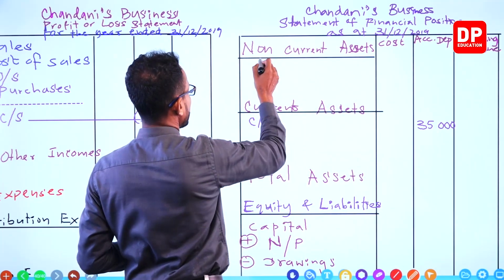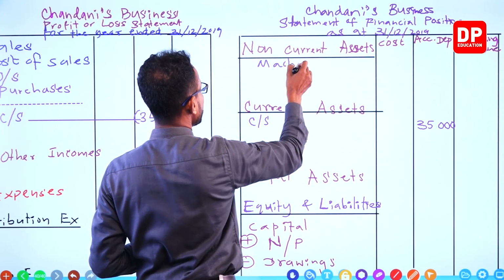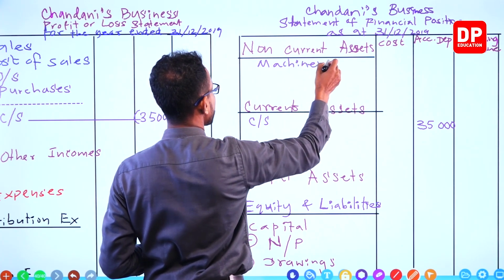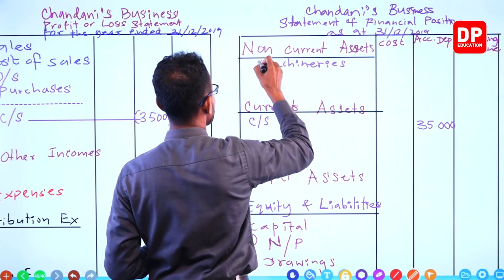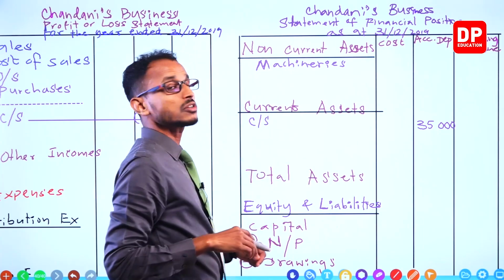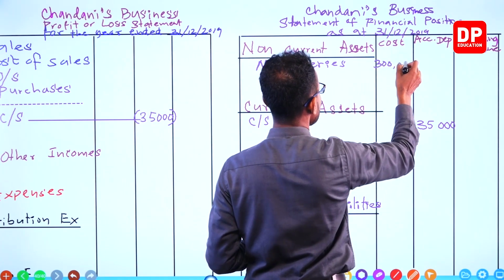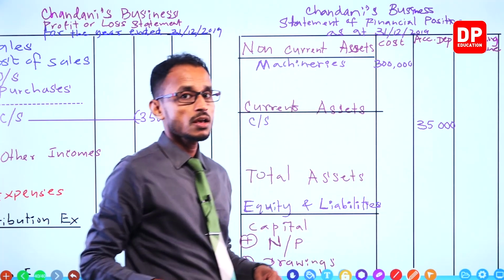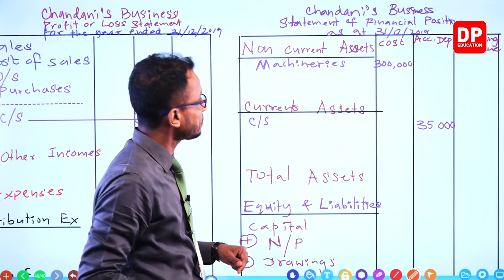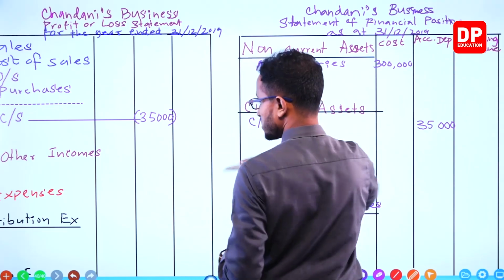First, mention the machineries under non-current assets. In the cost column, 300,000 because that is the cost. Then in the depreciation column, you put this 30,000.